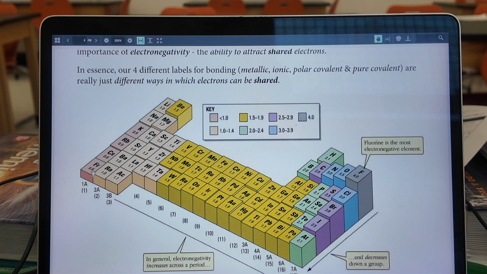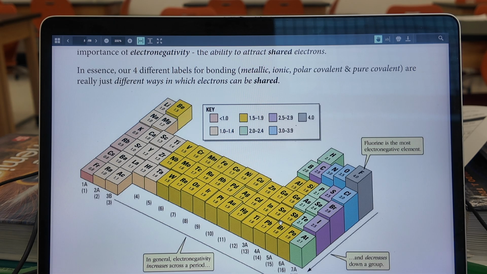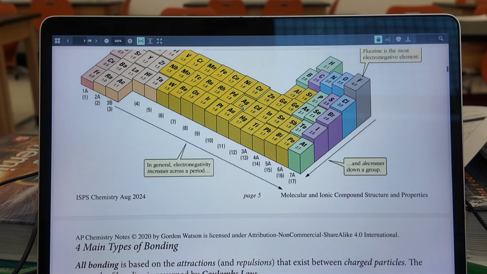The lowest is here, and then the highest is all the way up here. This makes sense because the halogens are all one electron away from having an octet, like the noble gases, and so they so desperately want to have their final electron, so they have the most electronegativity.